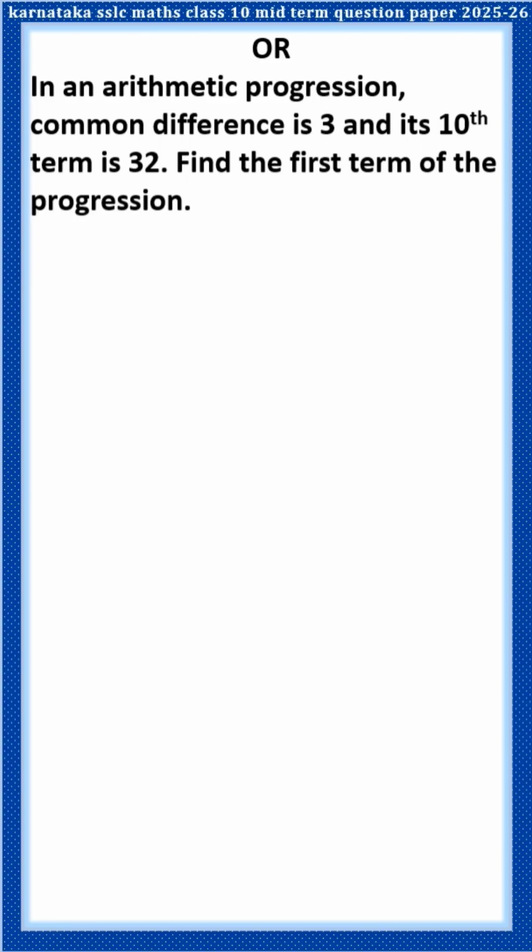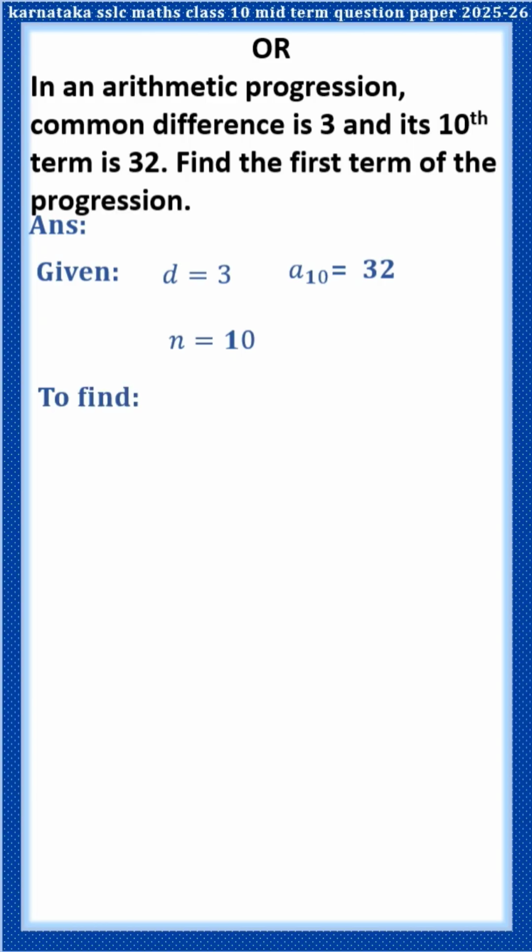The question is also taken from the chapter arithmetic progression. So it is an internal choice question. You can answer that or this. Okay. What has been given here? Common difference D is 3. 10th term A10 is equal to 32. N is 10 here.